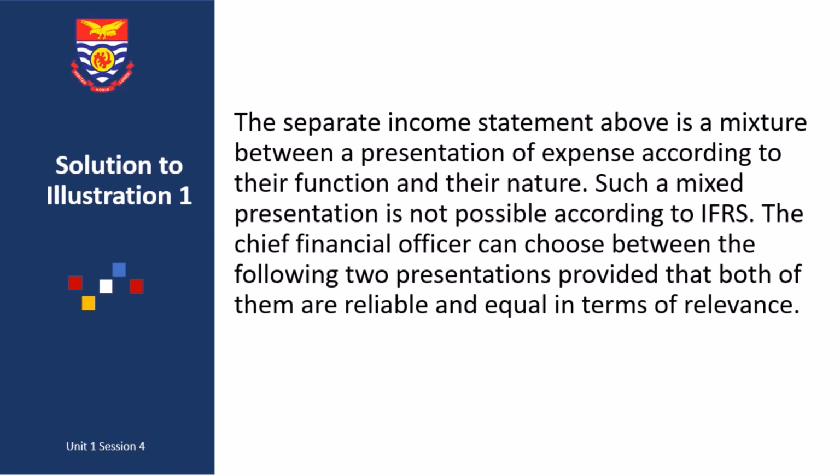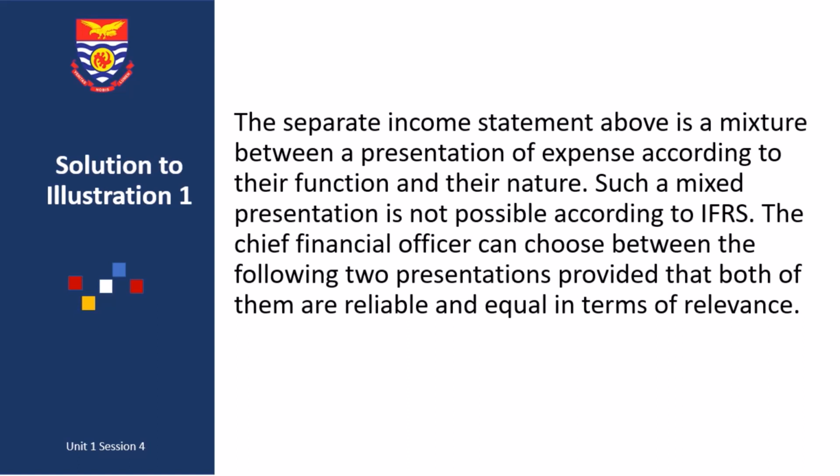Now LCM's chief financial officer would prefer to present the items of the result of operating activities as shown below, if possible. In this statement, cost of sales, administrative expenses, and distribution cost would be presented excluding an allocation of depreciation and amortization. Depreciation and amortization expense will therefore be shown as a separate line item.